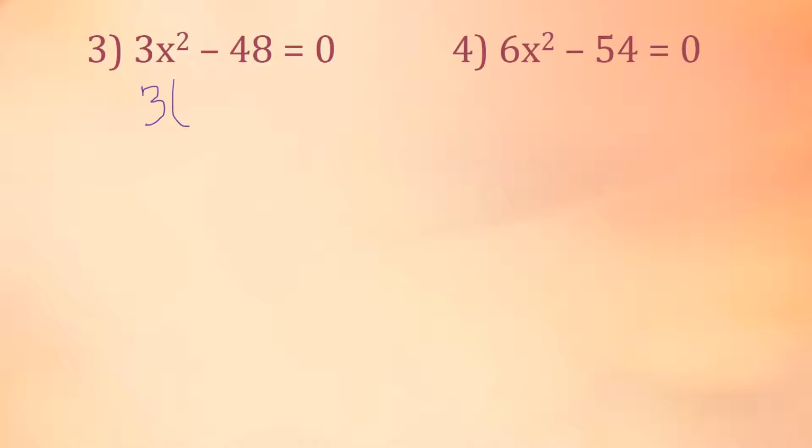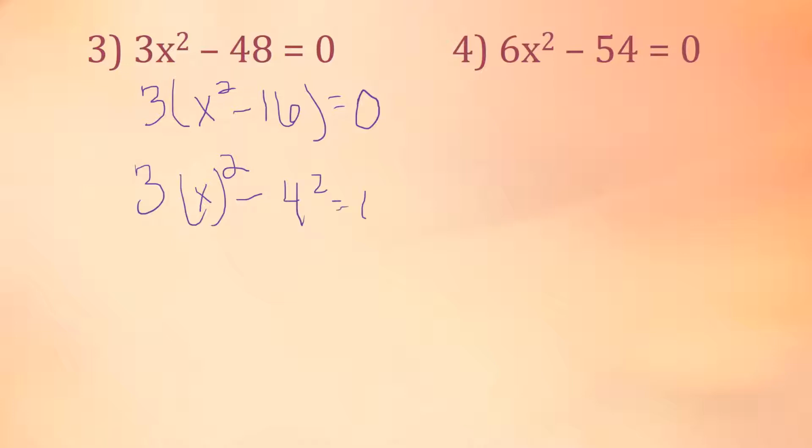Obviously the first thing we need to do is factor out the 3. Now what I could do is add 16 to both sides and take the square root of both sides like I just did. Or you could recognize this as a difference of 2 squares, which is technically the same thing.